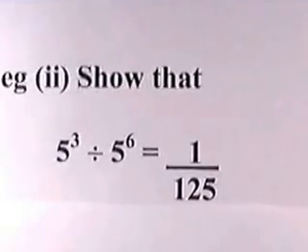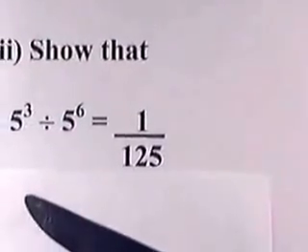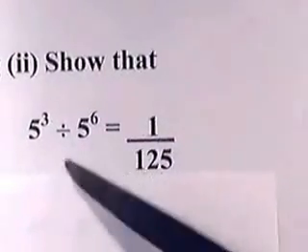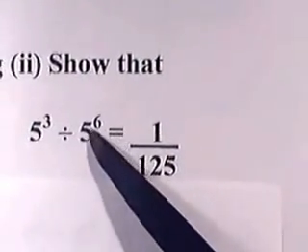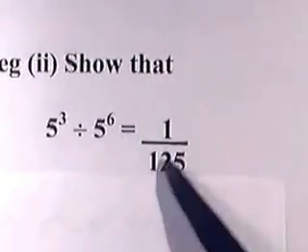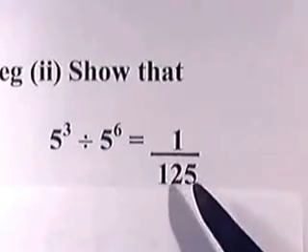And it may say, in this example, that you've got to show that 5 to the power of 3 divided by 5 to the power of 6 equals 1 over 125, or a 125th.